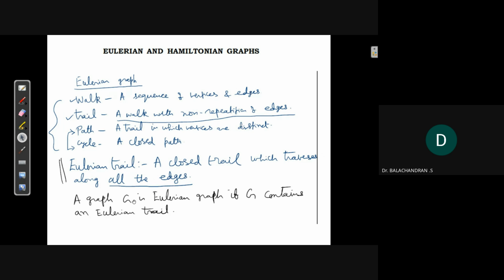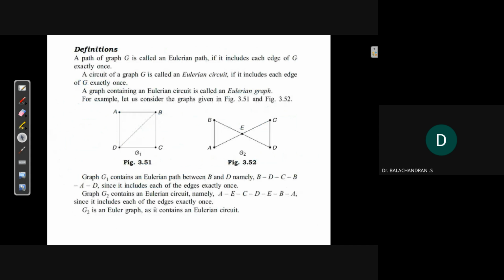A graph G is an Eulerian graph if G contains an Eulerian trail. Next, a path of a graph G is called an Eulerian path if it includes each edge of G exactly once. The Eulerian circuit is a little more important than the Eulerian path.